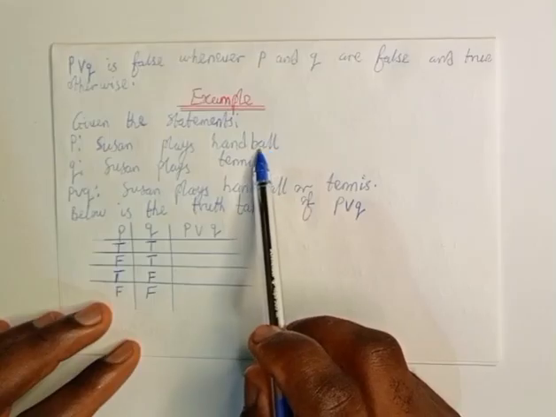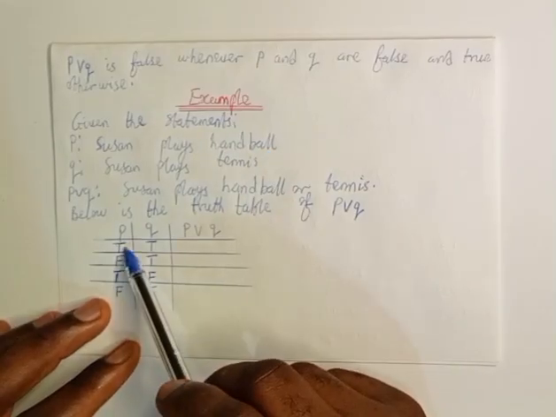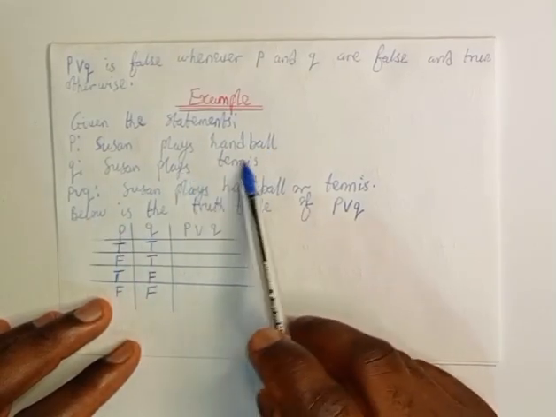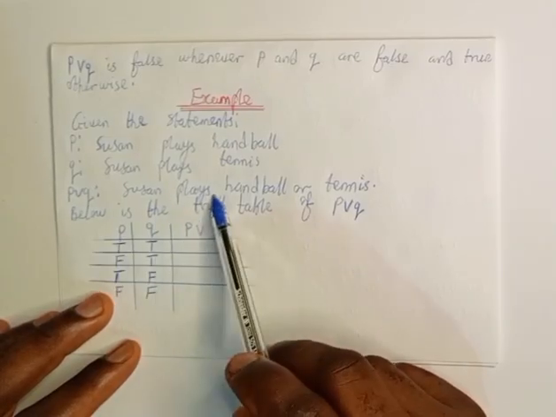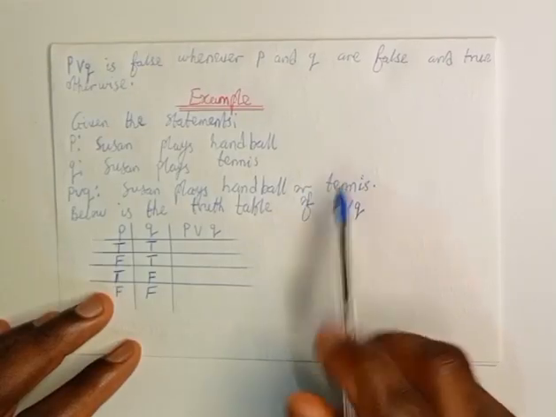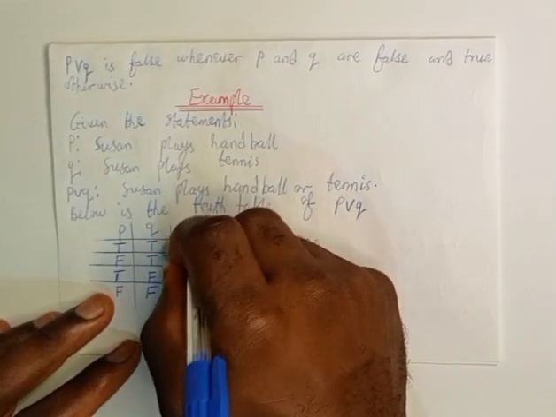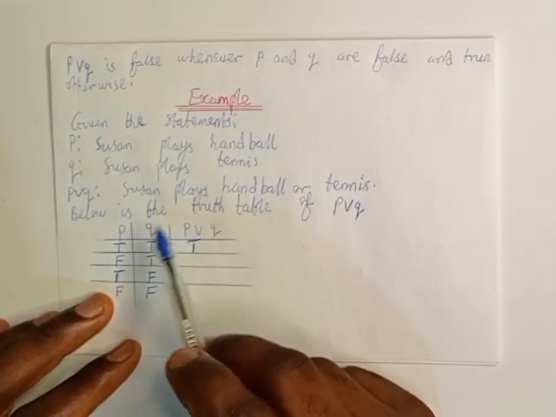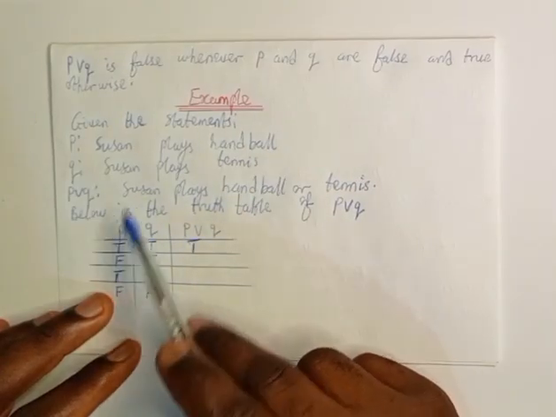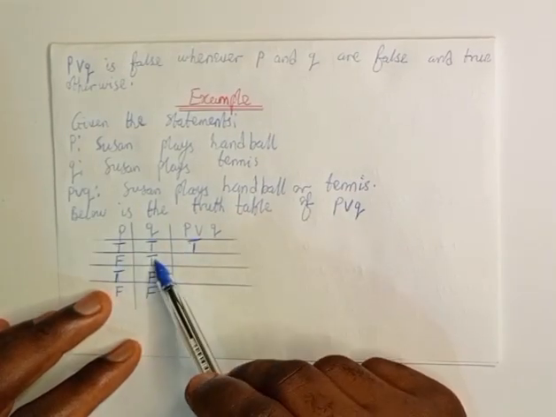Susan plays handball. If this statement is true, Susan plays tennis, second statement is true. Then the disjunction Susan plays handball or tennis is true. For the second one, Susan plays handball is false. Susan plays tennis is true.